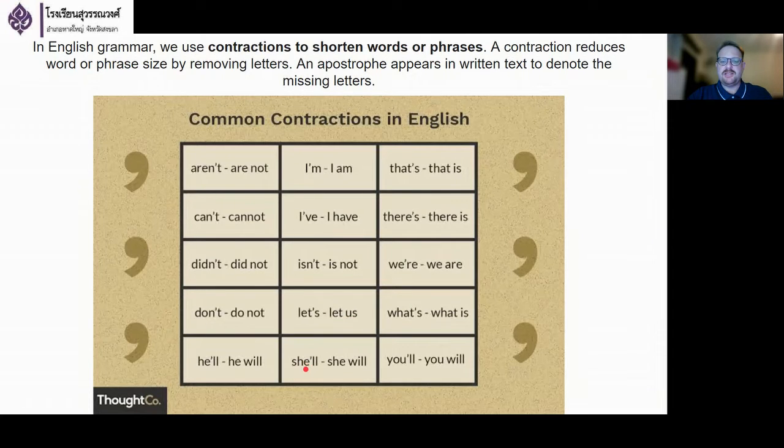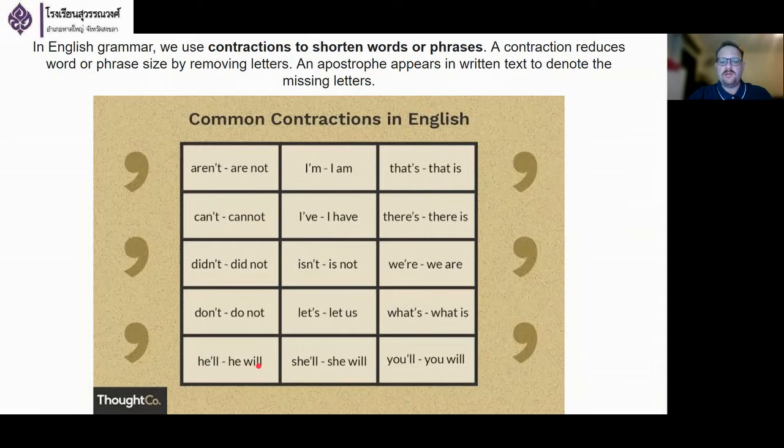She'll, she will. She will get a doll for Christmas. She'll get a doll for Christmas. He will be nice to his sister. He'll be nice to his sister.